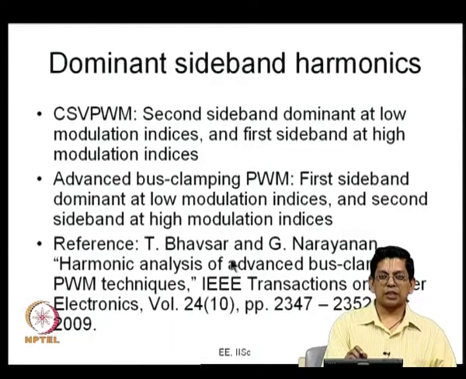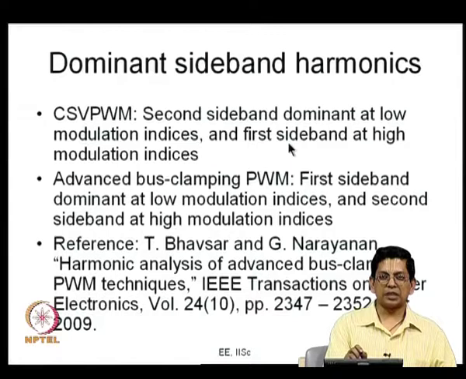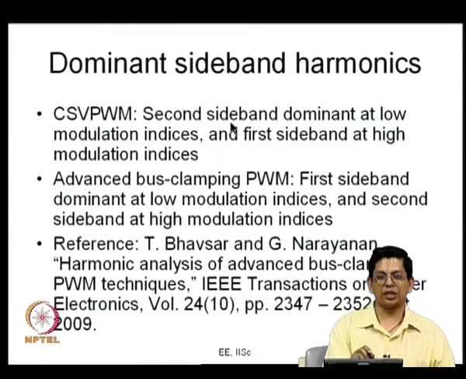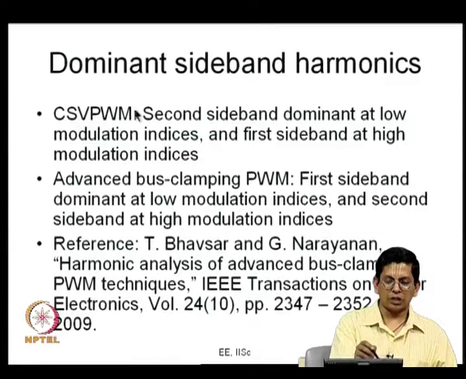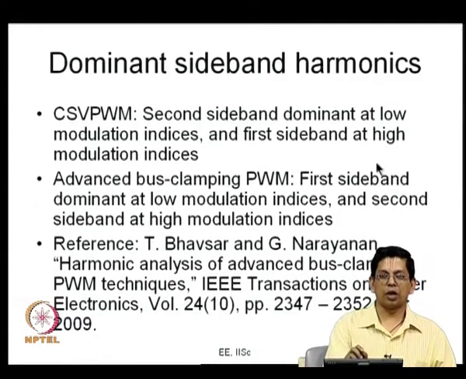So, what happens if the second sideband is dominating? The second sideband sees a leakage reactance roughly twice that seen by the first sideband, and therefore the harmonic currents are much lower for the same harmonic voltage amplitudes. Therefore, conventional space vector PWM has low harmonic distortion at low modulation indices, whereas at high modulation indices its first sideband dominates.